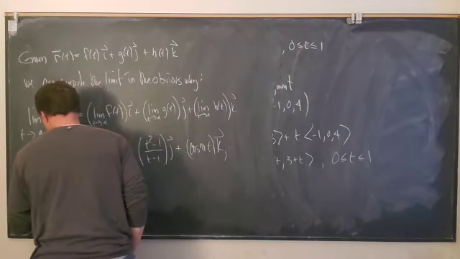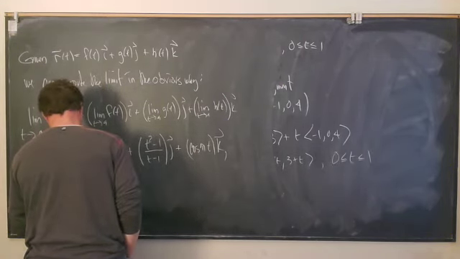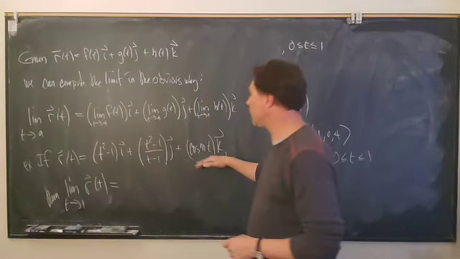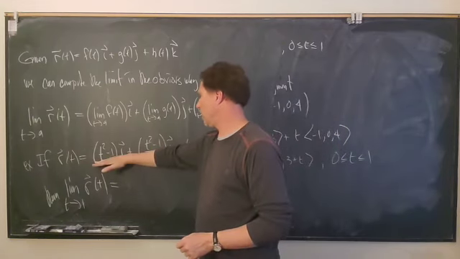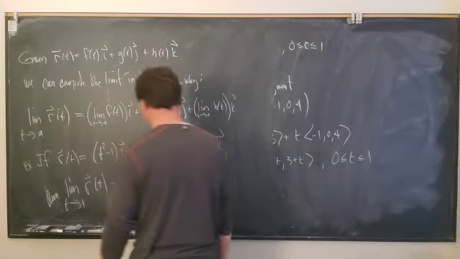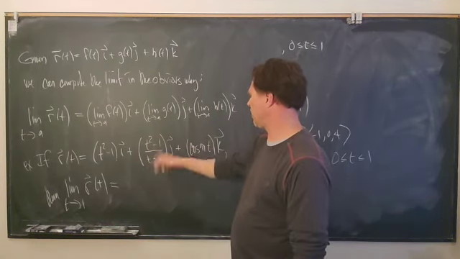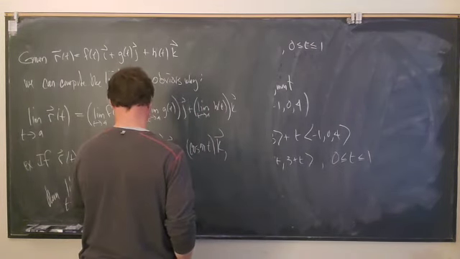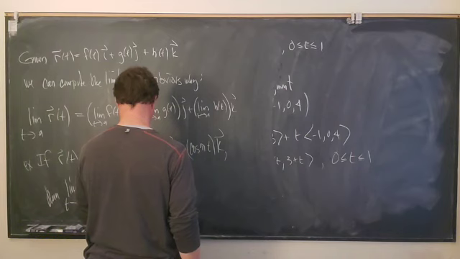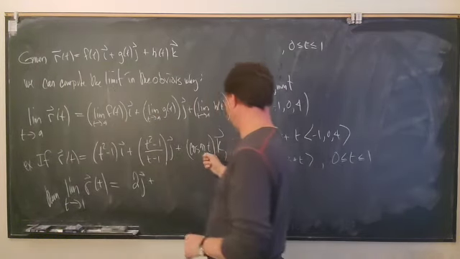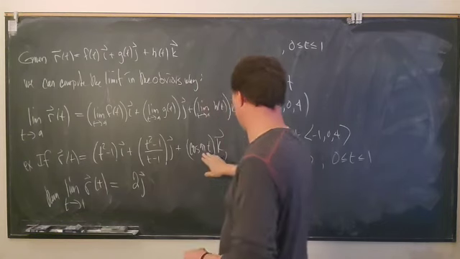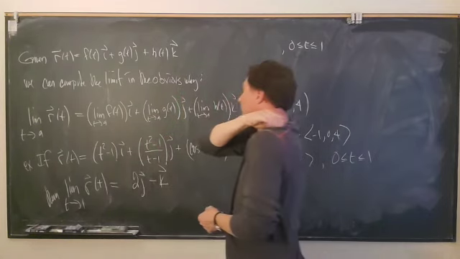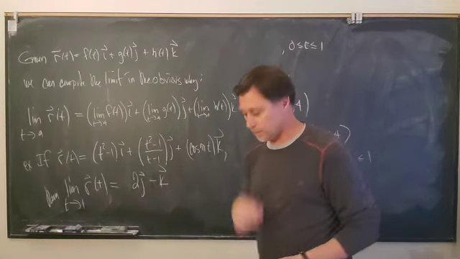If we want to compute the limit as t approaches 1 of r(t), we compute the limits of the individual functions. As t approaches 1, the first goes to 0, so it's 0i. In the second, cancel and factor, we get t plus 1, so that'll be 2j. And cosine of pi is minus 1, so it'll be minus k. So that's the limit of our vector-valued function as t approaches 1.